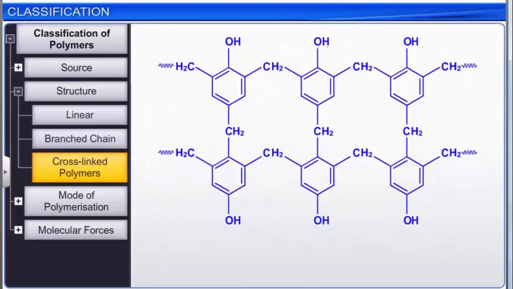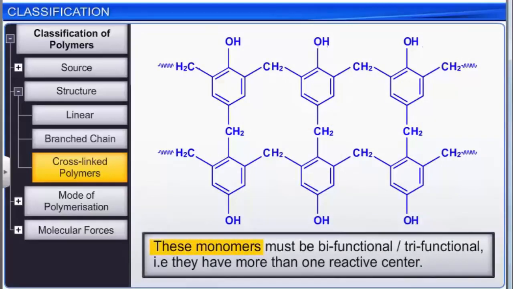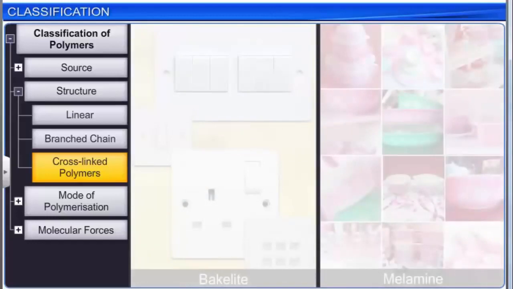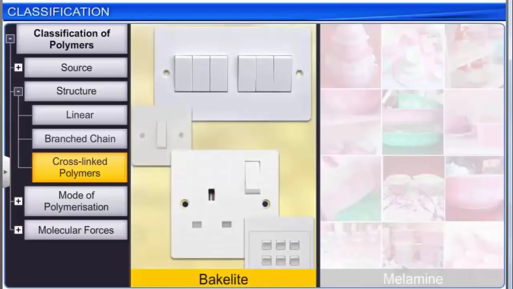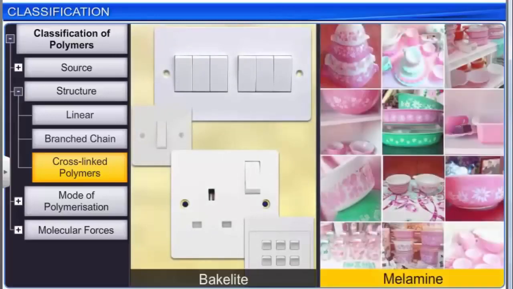In order to form the covalent bonds connecting the chains, the monomers in cross-linked polymers must be bifunctional or trifunctional, meaning that they have more than one reactive center. Examples of cross-linked or network polymers are bakelite and melamine.